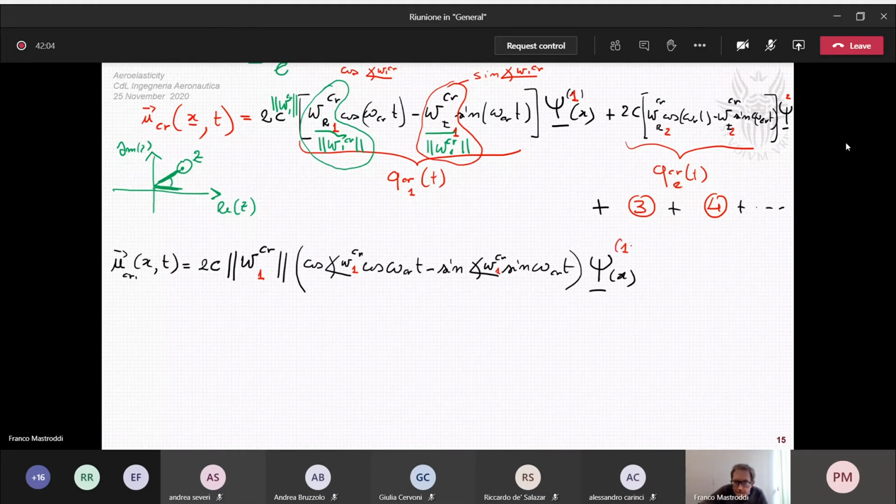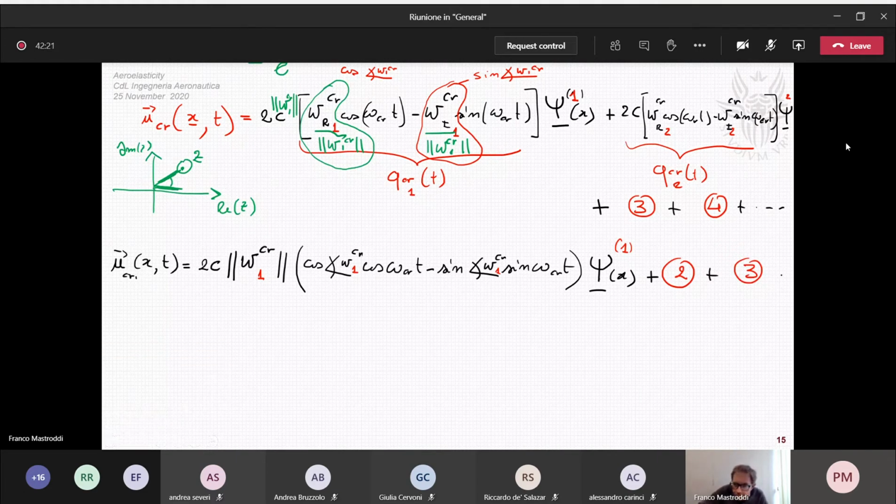And we have similar quantities referred to the second, the third, the fourth mode of vibration, and so on.